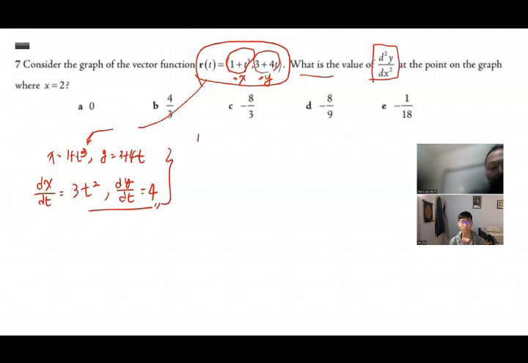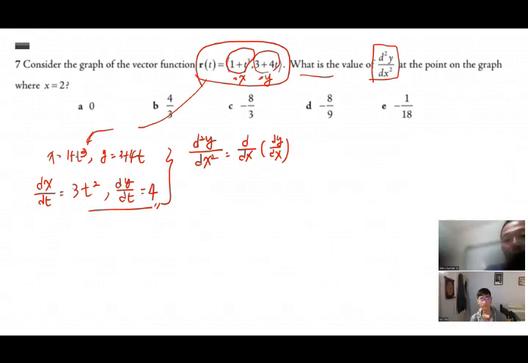From this, d squared y over dx squared is the same as d over dx of dy over dx, and this can be re-expressed as d over dt of (dy over dt over dx over dt), divided by dx over dt. We go one by one.